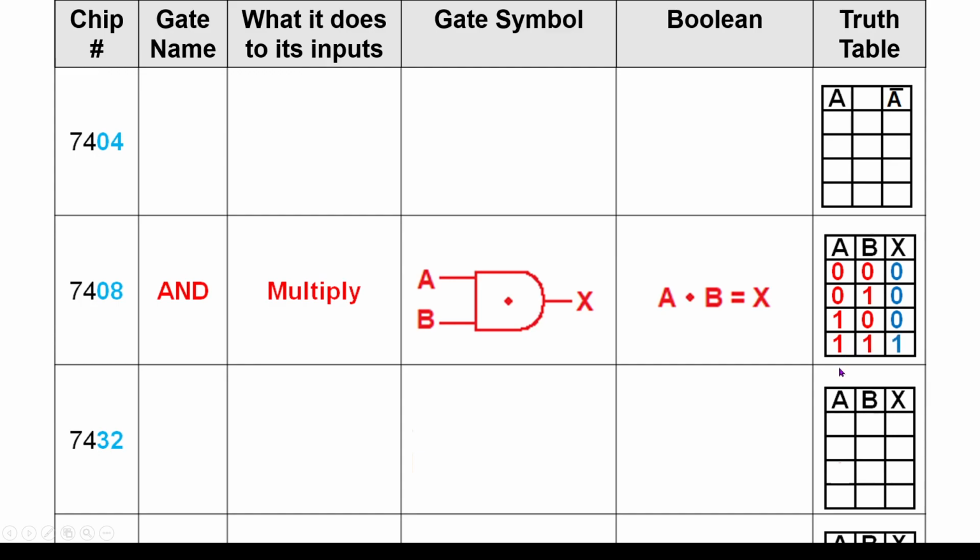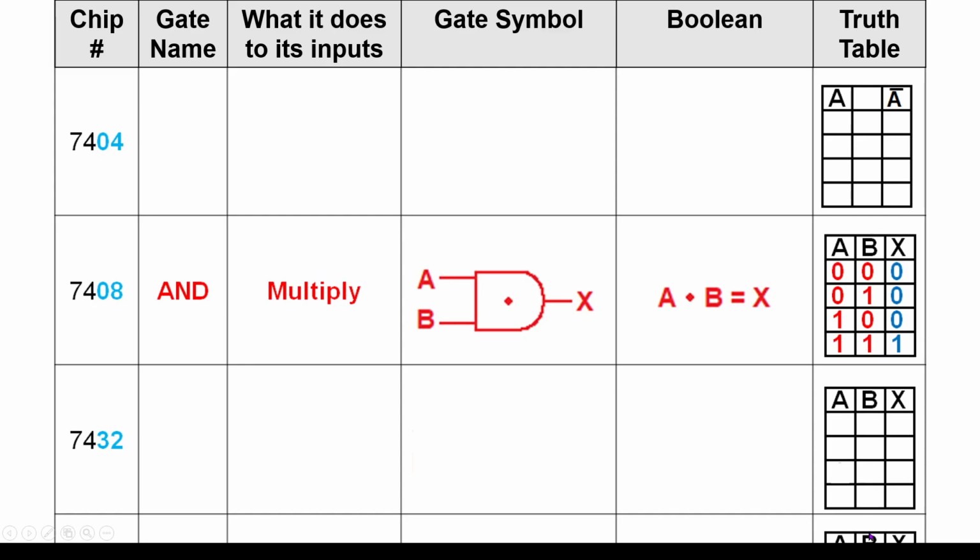Now look at this. This truth table is easy to remember because all of the truth tables are simply going to be a binary count. So 1's column will be 0, 1, 0, 1. The 2's column will be 0, 0, 1, 1, and they combine to make a 0, a 1, a 2, and a 3.